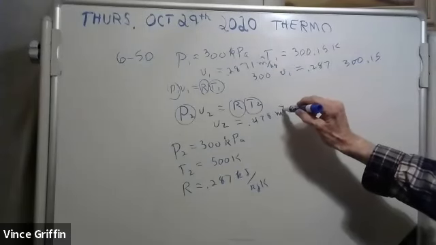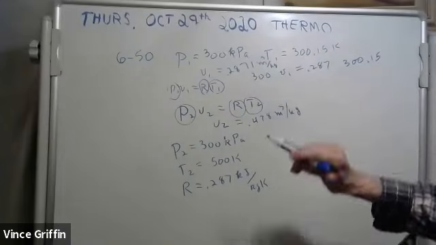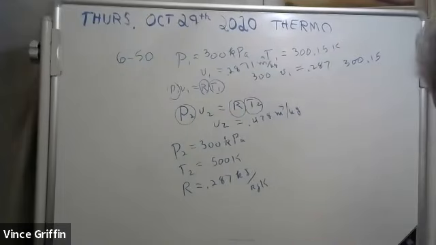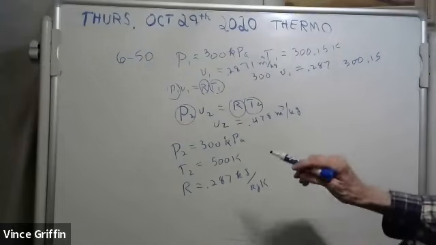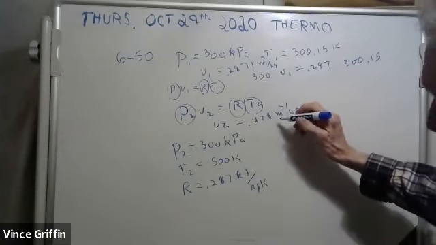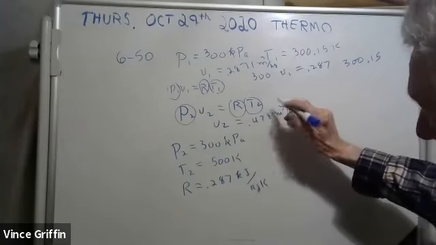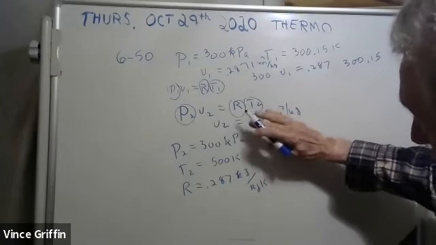Let me see if I got that. Nicholas, not that I don't trust you. I got 0.478. Good going. 0.4783. How's that, Nicholas? We'll put a 3 right in there. We'll squeeze it in.